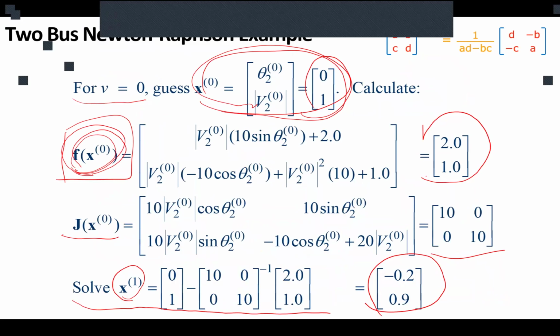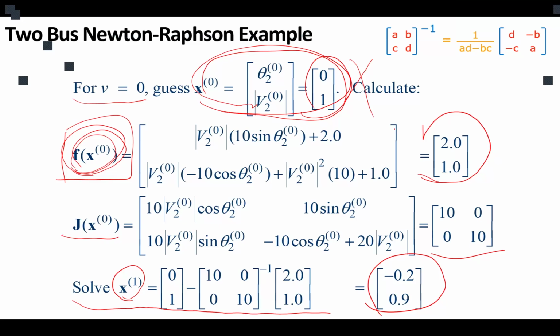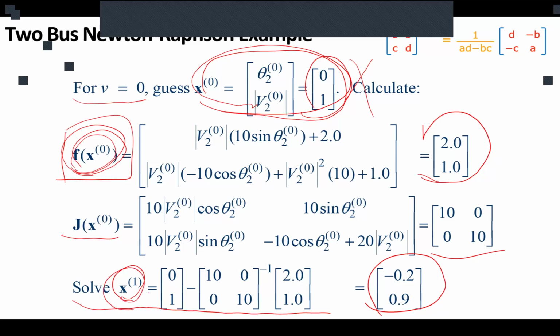We calculate the F. It should be equal to 0, but it's equal to 2 and 1. So definitely this guess is not accurate. So let's use the Jacobian matrix, the Newton-Raphson, to find what our second guess should be. That formula: this was the curve, the slope is the Jacobian, and it hits the x-axis. This is our second guess.